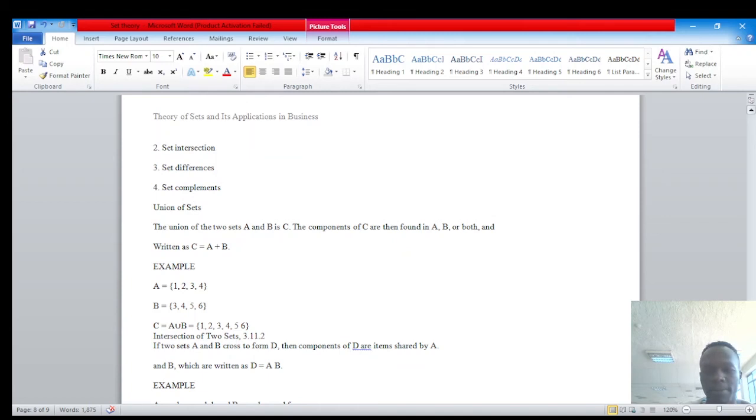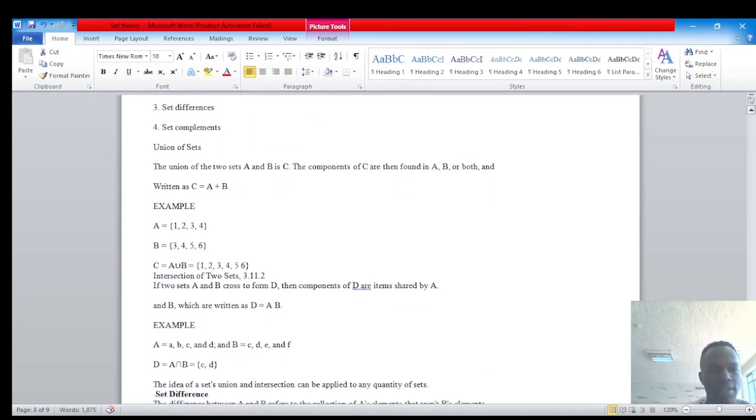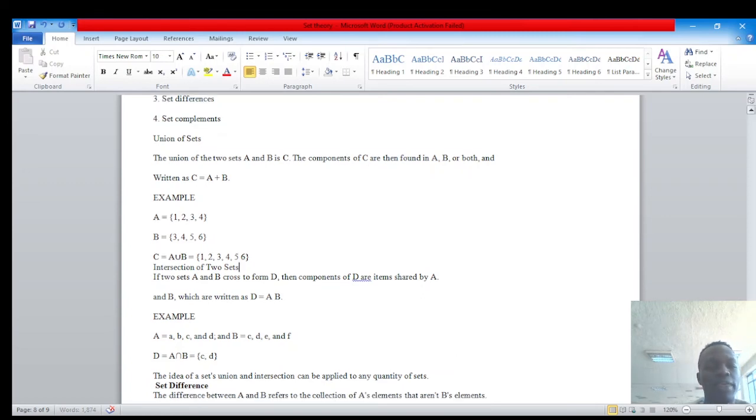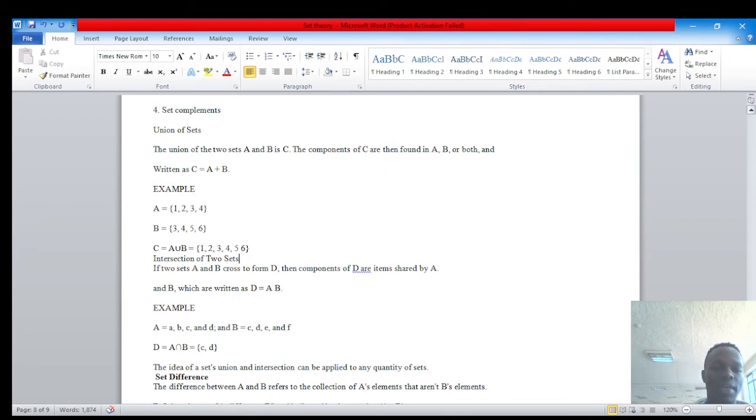Intersection. Let's look at the intersection. If two sets A and B cross to form D, then the common items D are those shared by A and B, which is written as D equals A intersection B. For example, set A has A, B, C, and D, and set B has C, D, and F. So what do they share?